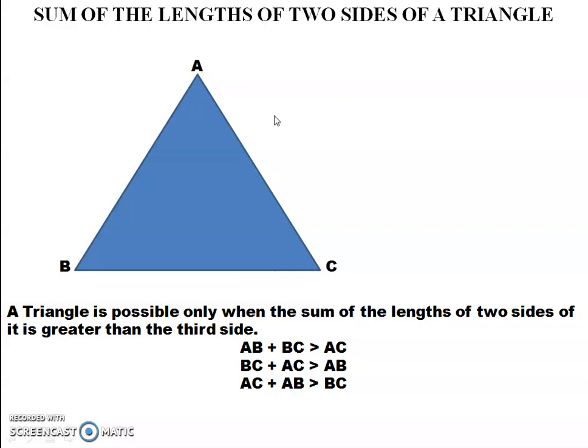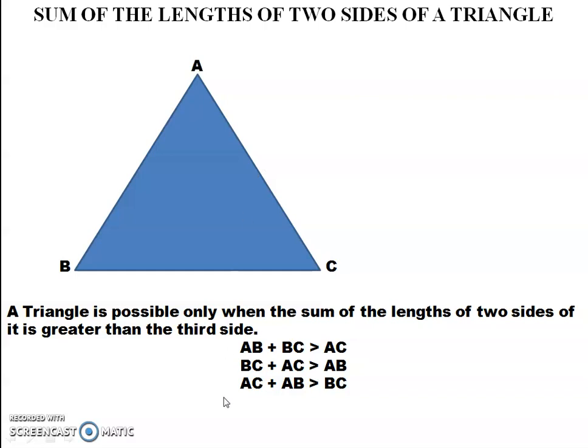So the property says if you add the length of any two sides, you will get an answer which is larger than the third side. Once again, what is the property? When you add the length of two sides of a triangle, that answer will be greater than the third side.